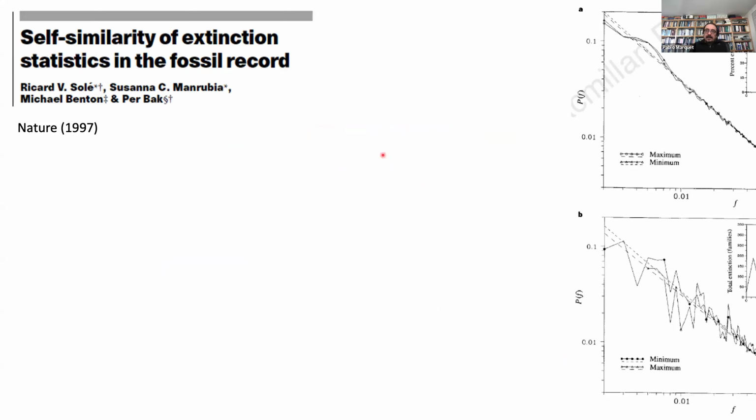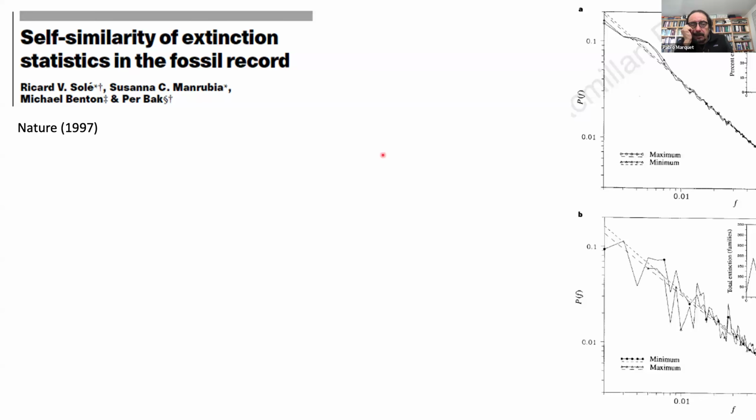And then Ricard Solé did the same kind of analysis with the fossil record, showing that the distribution of family extinction through time followed a particular kind of spectrum that was consistent with self-organized criticality.